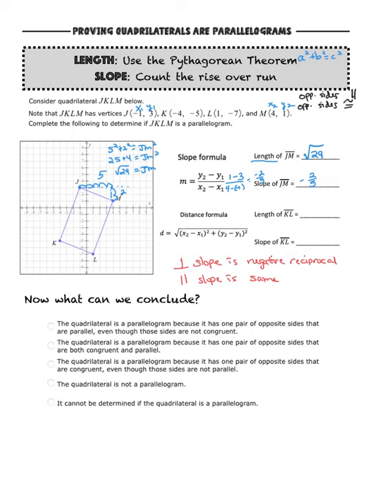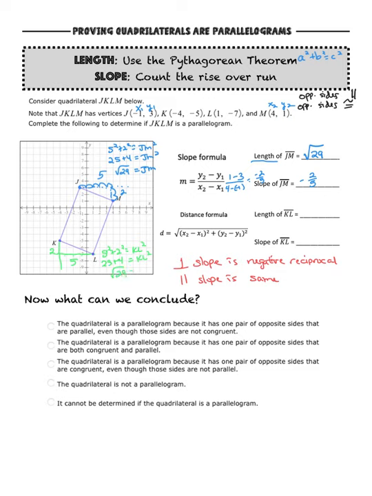I'm going to use the Pythagorean theorem because I just think it's simpler. So draw my little right triangle again. This is 2. This is 1, 2, 3, 4, 5. Just double checking. So again, 5 squared plus 2 squared equals KL squared. 25 plus 4 equals KL squared.